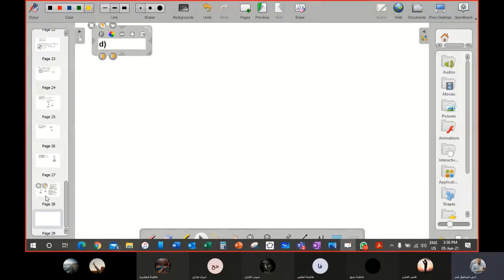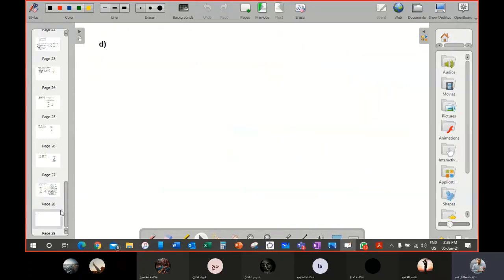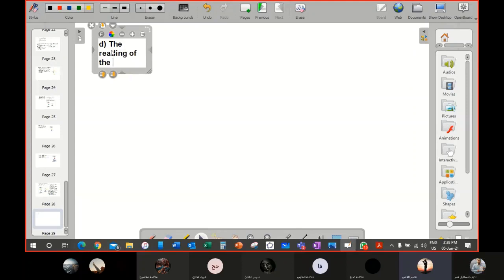Now who will answer me on part D? Qassem answered before. Part D is asking us: why did the readings of the balance decrease? What can you deduce? Go ahead, Qassem. The reading of the balance has decreased because of the attraction of the magnet to the steel block.